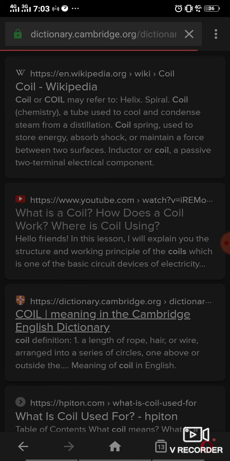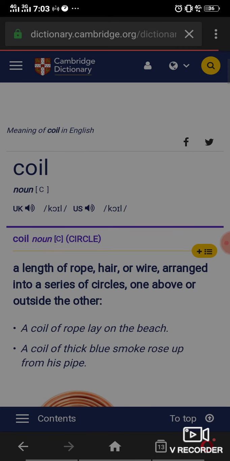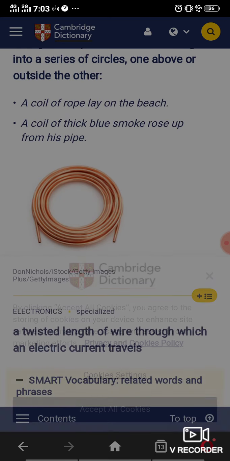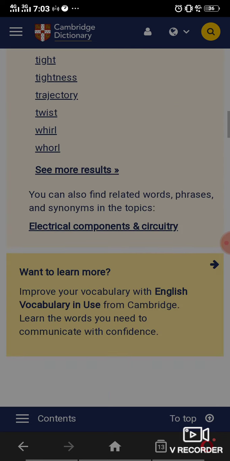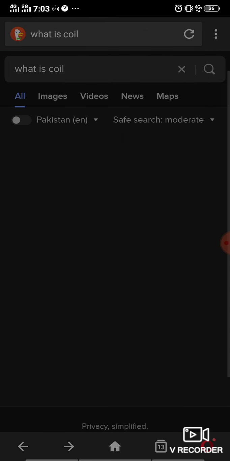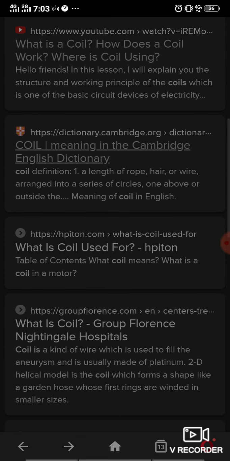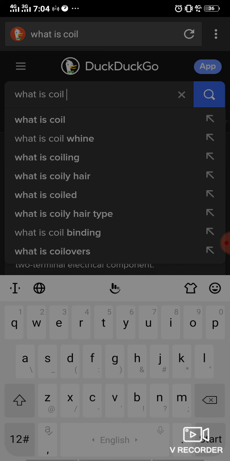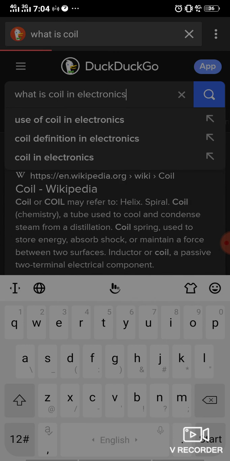We learn from the third website, which is a detailed article, and this is a very good article. So we go back, and we are going to see what is a coil in electronics.